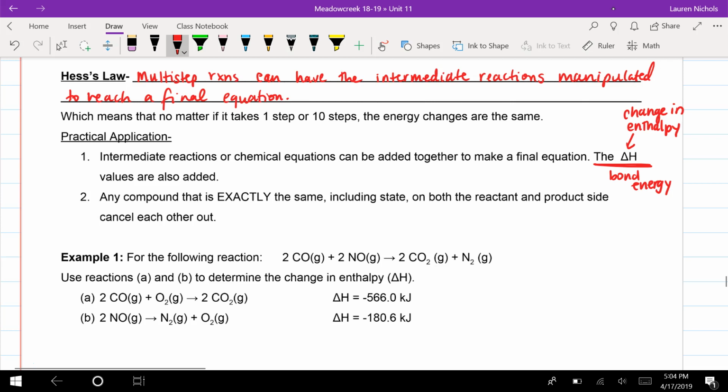So when you are doing a chemical reaction and bonds are breaking and forming, there's going to be a change in the energy. And any compound that's exactly the same, including the state, whether it's a solid, a liquid, or a gas, on both the reactant and product side is going to cancel out.